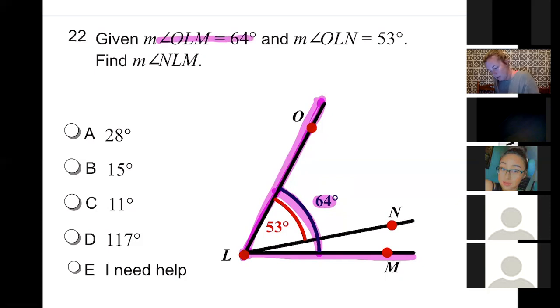Then it tells us that OLN is 53. OLN right here is 53, okay? Which is what they've done in the red right here. So they've drawn theirs a little bit differently, and that's okay. We can work with different. And then lastly, they tell us to find NLM. So they want us to find this whole thing, okay? We don't know. Well, we have the whole thing and we have a piece of it, so we can just subtract those.